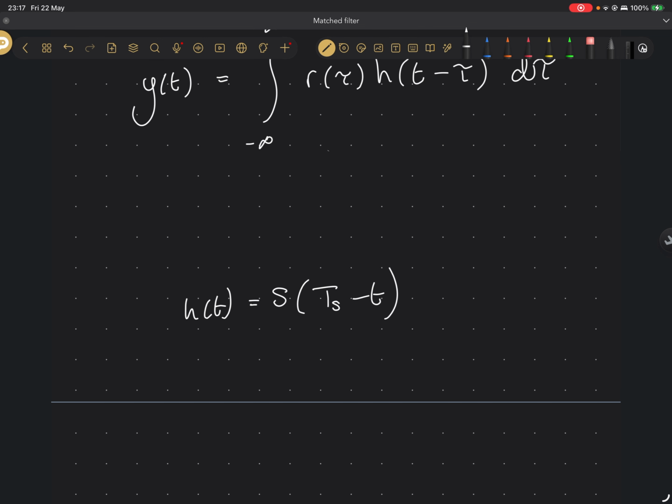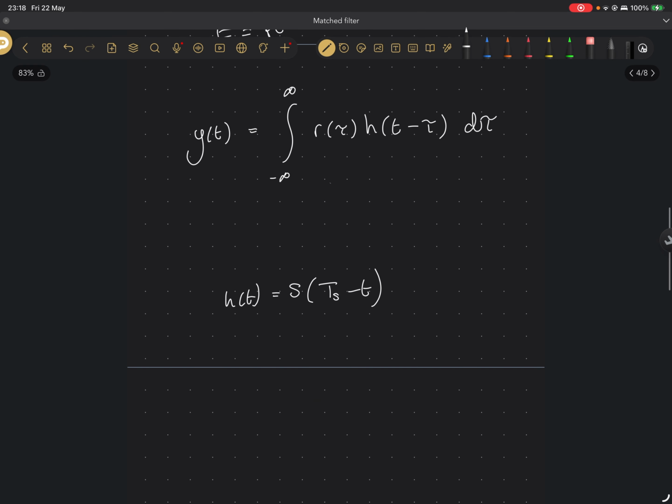The matched filter chooses its impulse response to be the time reversed and time shifted version of the signal, right? So time reversed and shifted to the sampling instant, meaning this causes the received signal to align constructively at the sampling instant, maximizing the output energy.